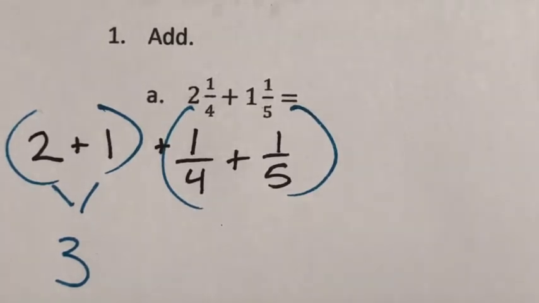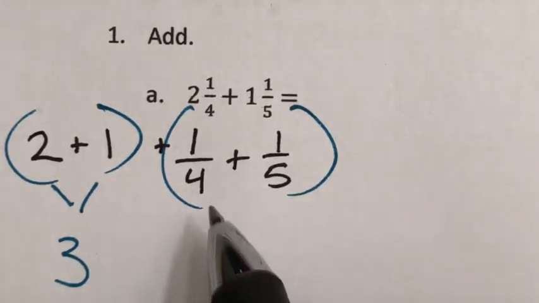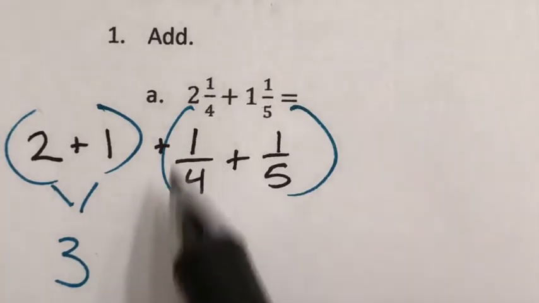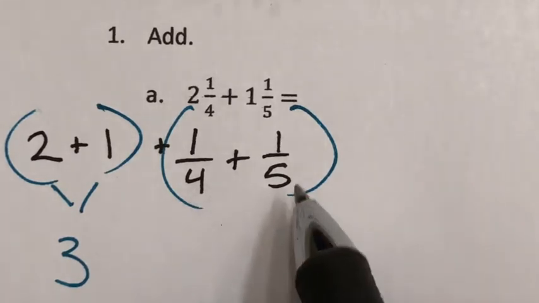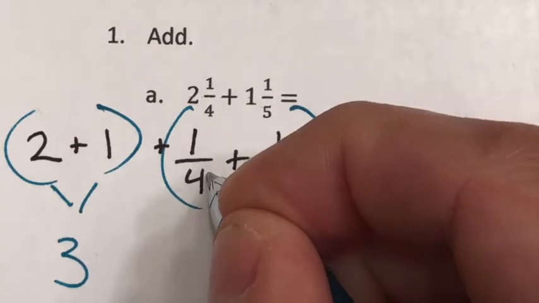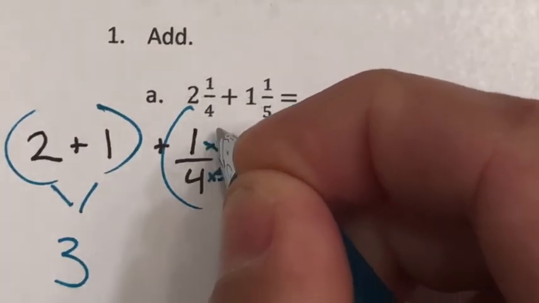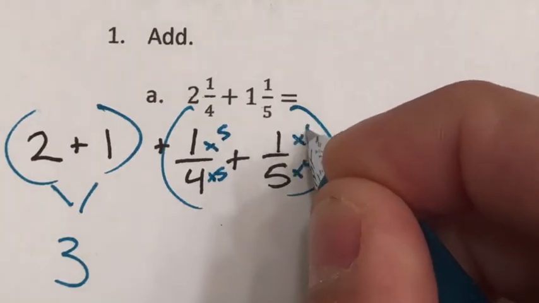Okay. Now, ladies and gentlemen, after doing problems like this many times, I know that for 1/4 and 1/5, the lowest common denominator is probably going to be 20, which is 4 times 5 and 5 times 4. So what we would need to do here is say times 5, times 5, times 4, times 4.